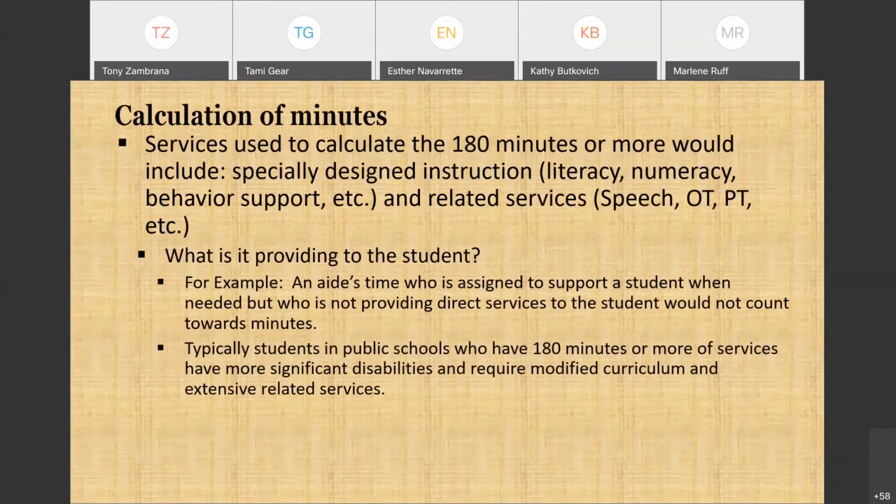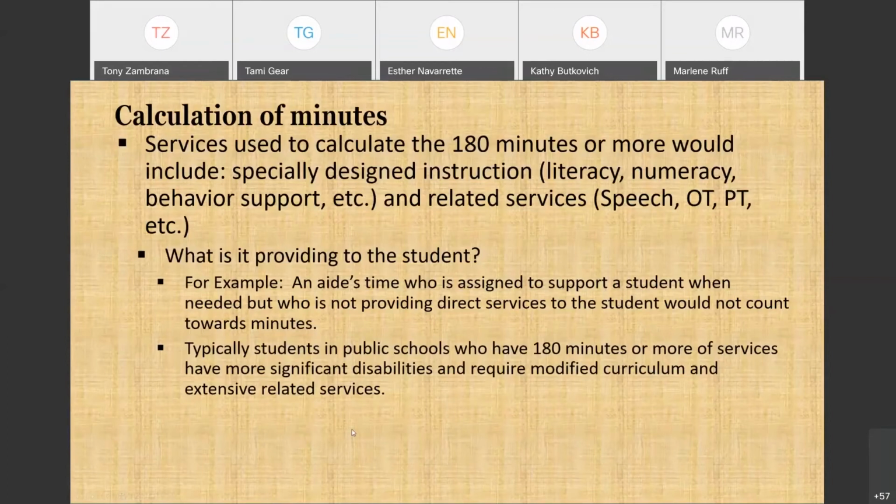So they are often, not always, but often in a self-contained classroom that has special education students and a special education teacher. They may go out to general education for things like music or art or PE or recess or lunch, but they are in a classroom that typically has a modified curriculum and extensive related services.